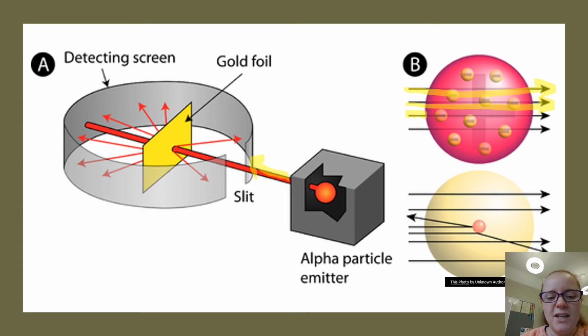But he found out that's not actually what he was seeing when he did this experiment. The radiation was getting scattered all over the place on his detecting screen here. Most of it went straight through, but a lot of it spread out. So this to him meant that most of the atoms were empty space that this radiation could just go straight through.